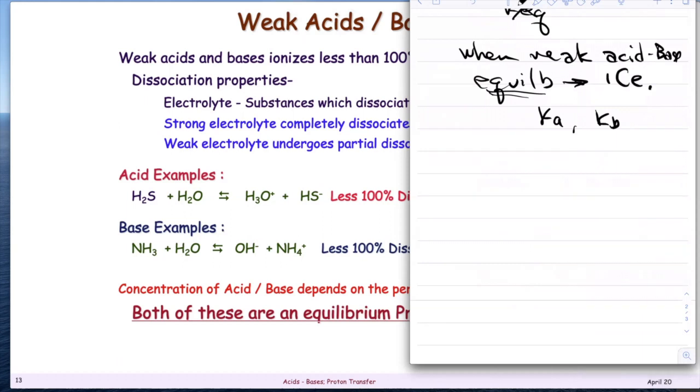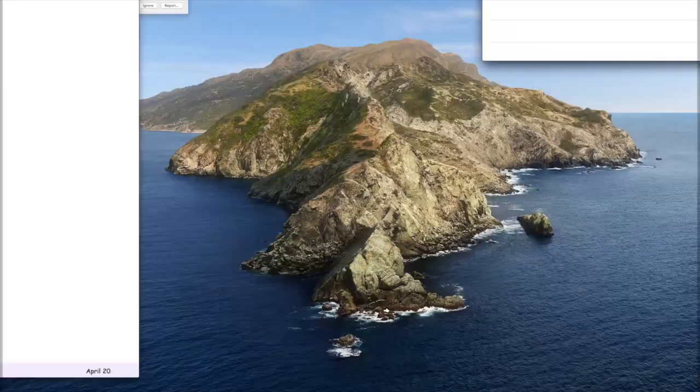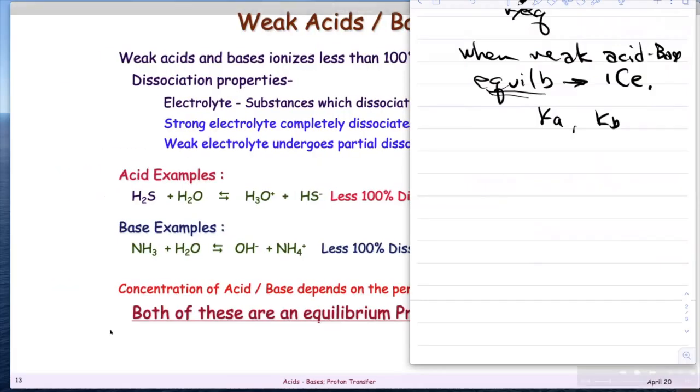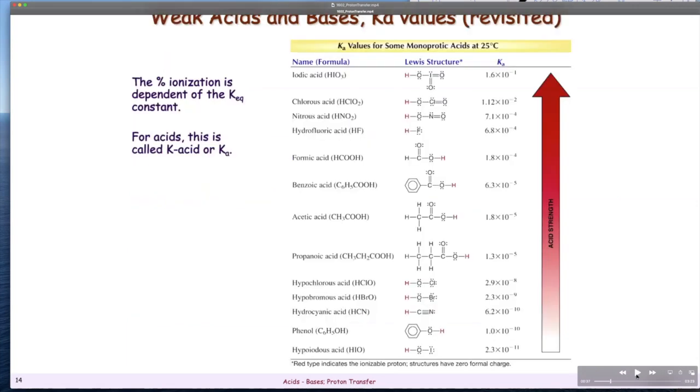So here are some Kas of acids. Notice that these are the formulas, and what's highlighted here is the acidic hydrogen, the hydrogen that comes off.